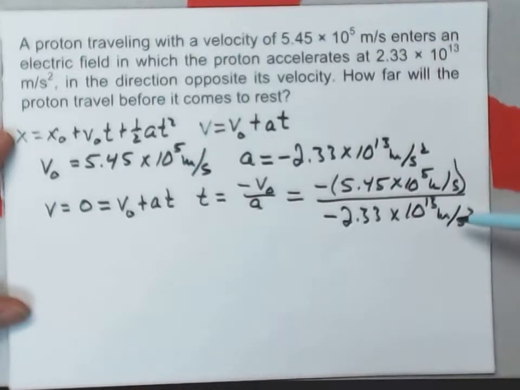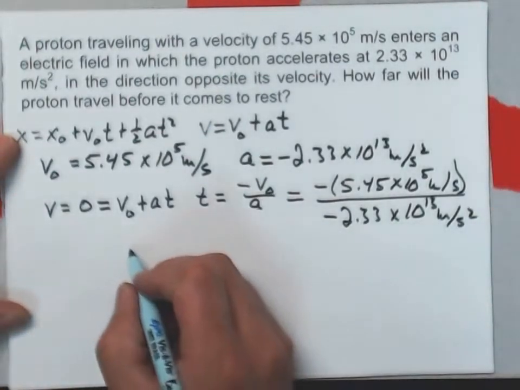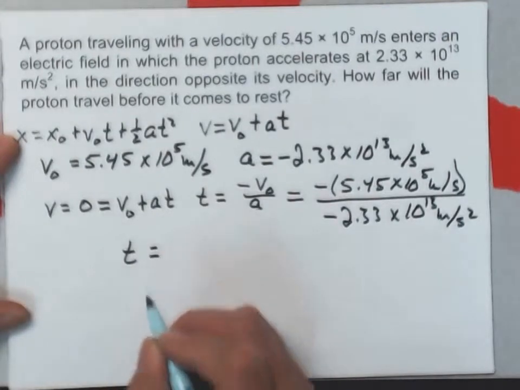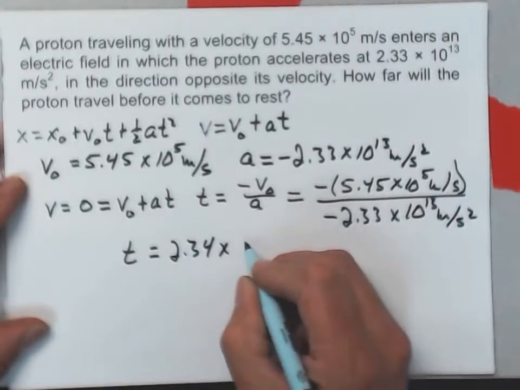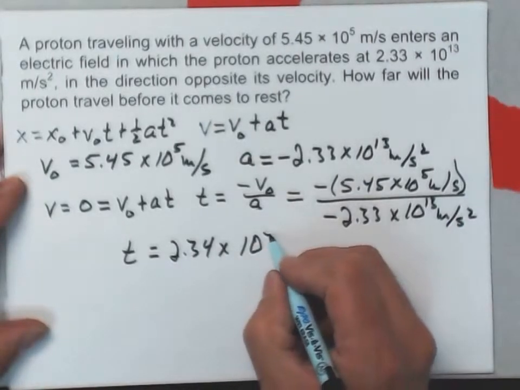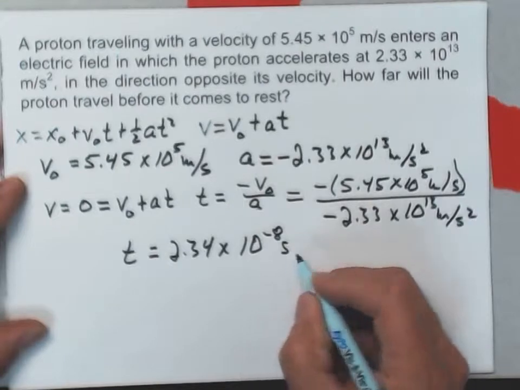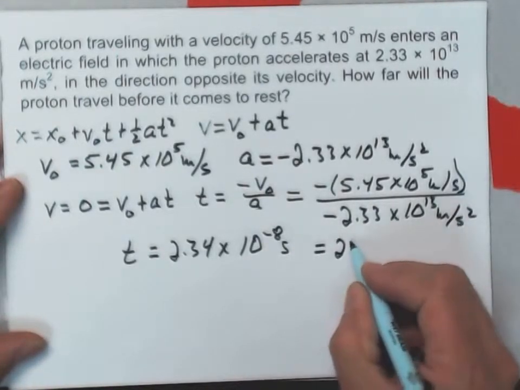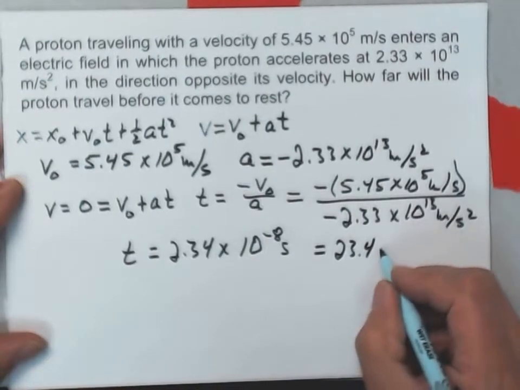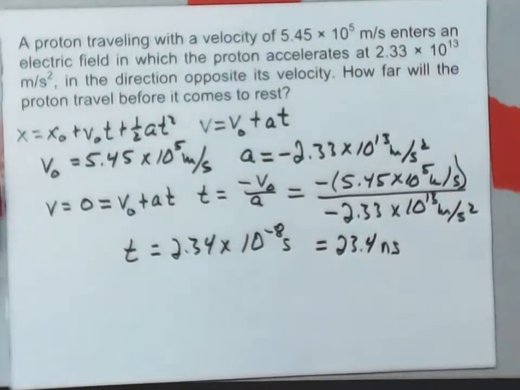Meters per second on top, meters per second squared on the bottom will leave me with seconds. Check those units out if you need to. The time will be 2.34 times 10 to the minus 8th seconds. Another way of putting that is 23.4 nanoseconds. Okay, pretty short time, but not unheard of in a situation like this.